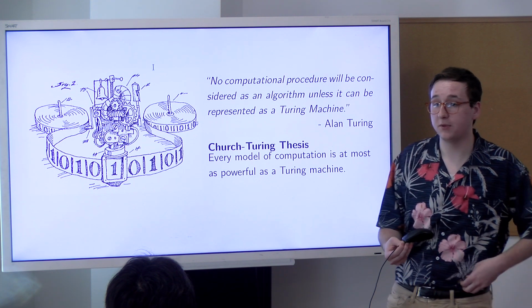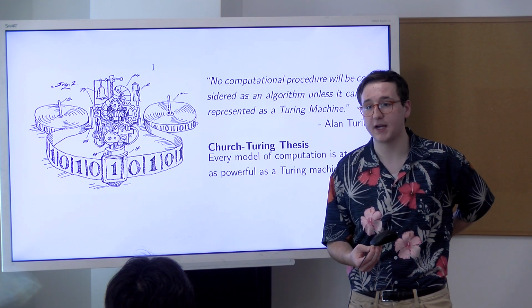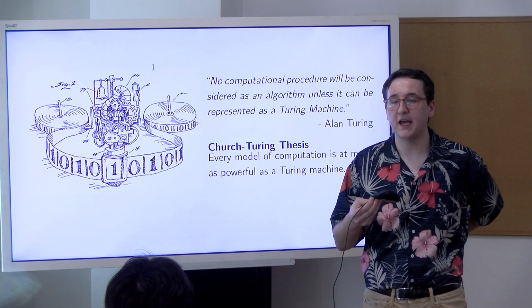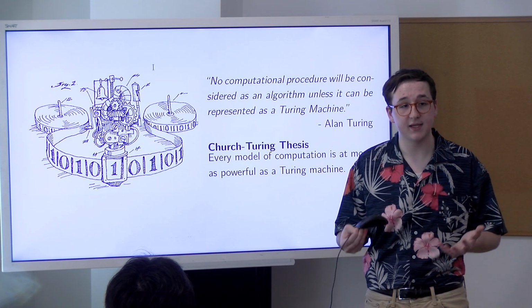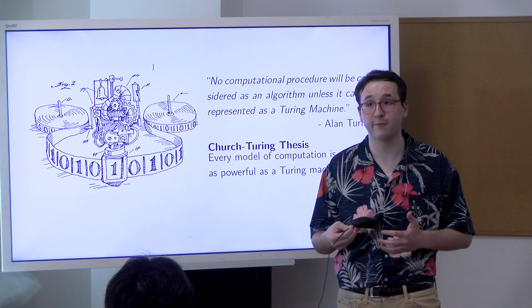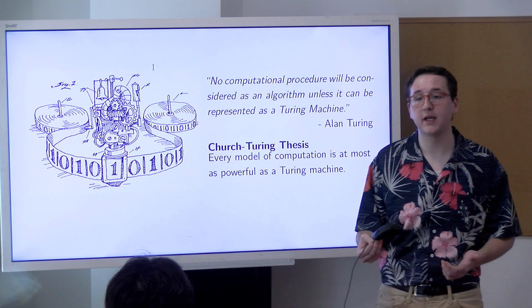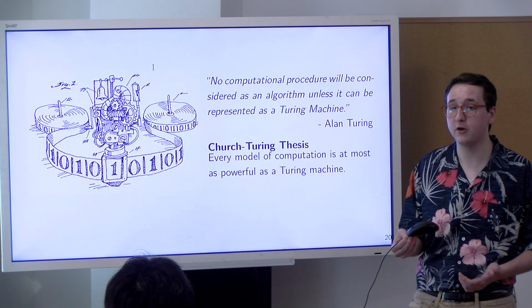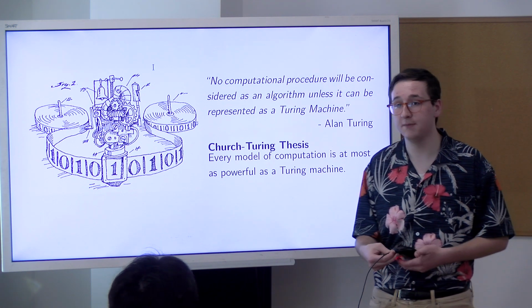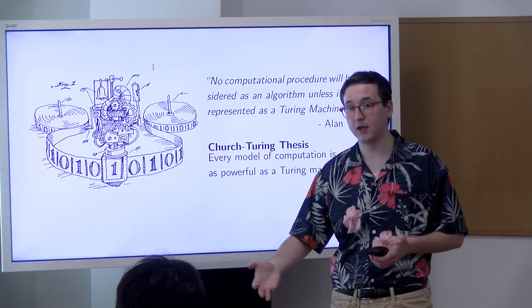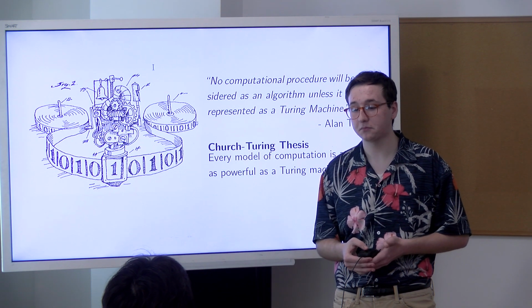This includes quantum computers, for example. A common misconception is that quantum computers are more capable than classical computers, and in a sense they are. There are a lot of algorithms they can perform faster, but there's nothing that can be performed on a quantum computer that can't be performed on a classical computer. That agrees with the Church-Turing thesis.